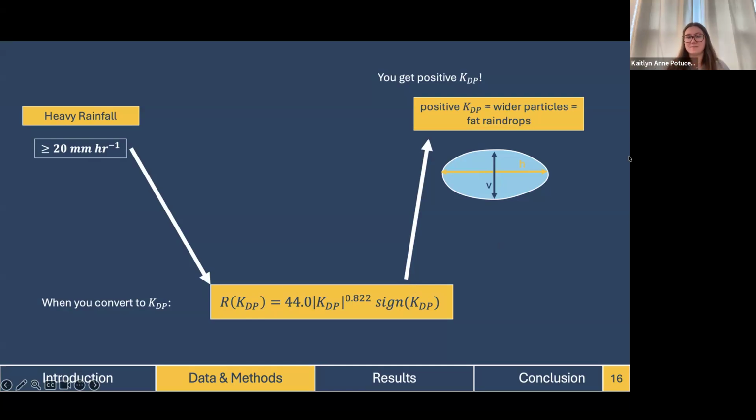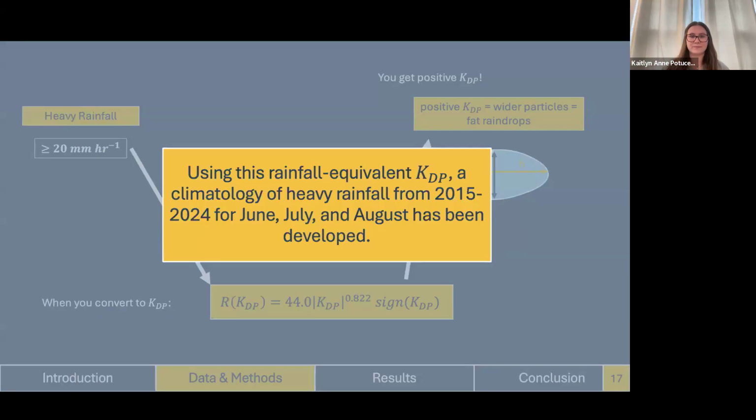You'll get a positive KDP, which indicates that particles are wider than they are tall. You have these fatter raindrops that are large in quantity. So we can use this rainfall equivalent KDP to generate a climatology of heavy rainfall for the 10-year period from 2015 to 2024 for the warm season, when a lot of these mesoscale processes that I talked about at the beginning are most prominent.